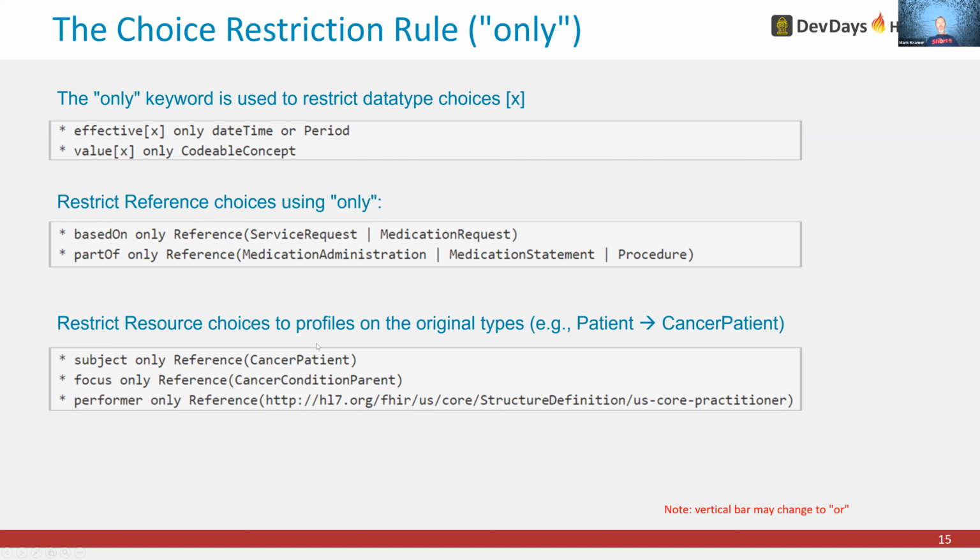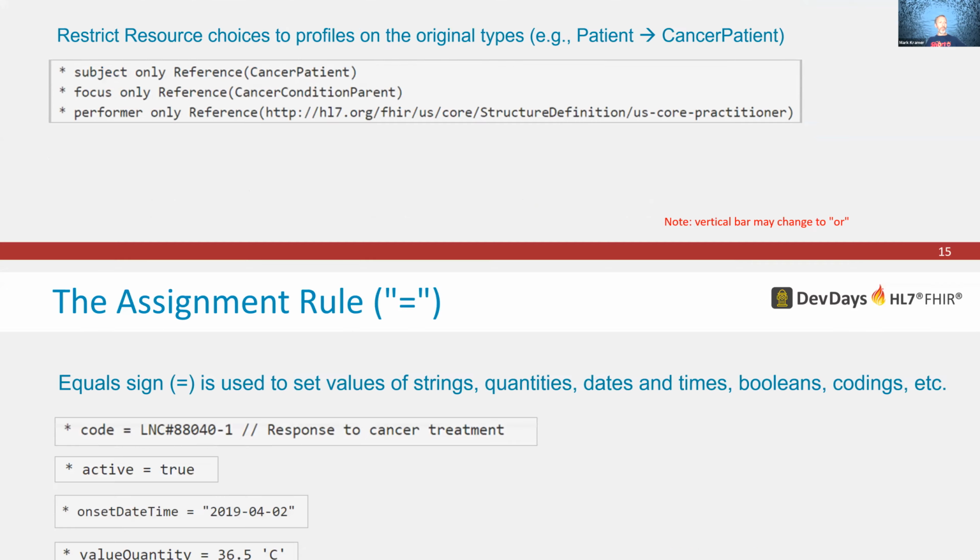Another really neat thing that you can do is restrict things to a profile. So for example, subject could be a patient, often is a patient. You can restrict it to a cancer patient, which might be a profile on patients. So that's a legal restriction because cancer patient is narrower than patient.